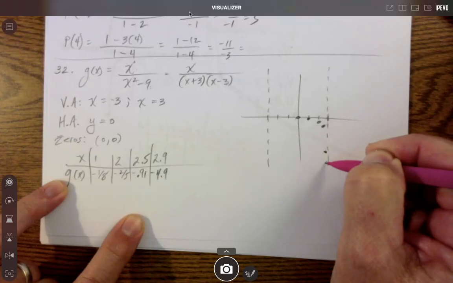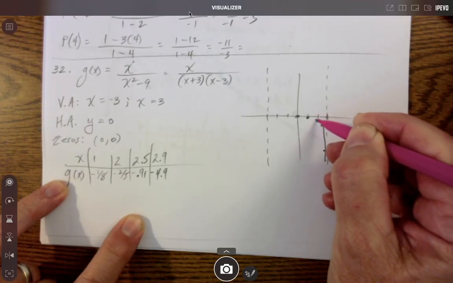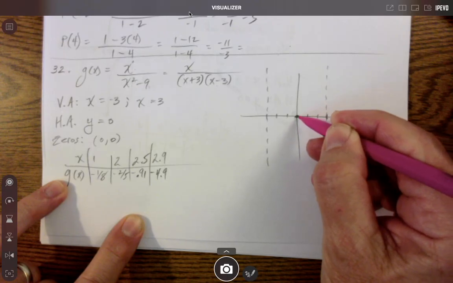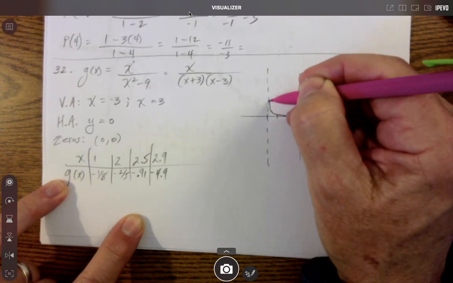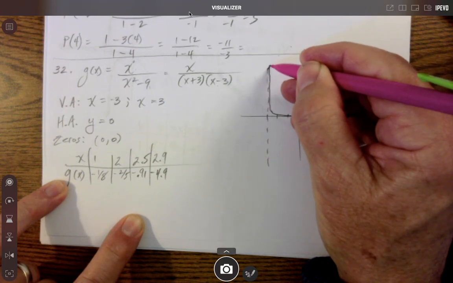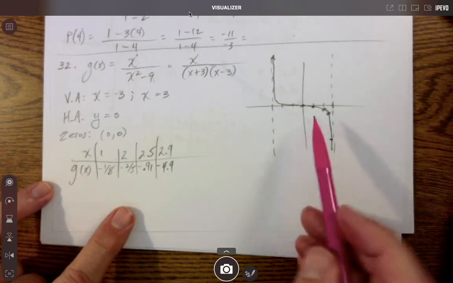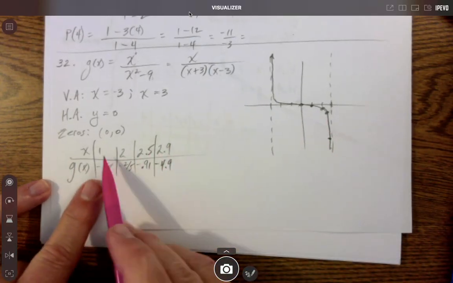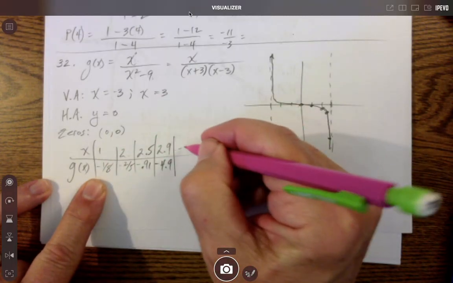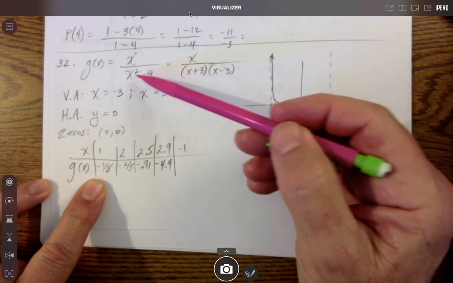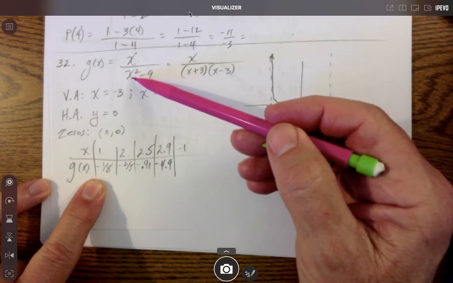So we can see it's doing this. And my guess is it's going to do something like this on the other side, just from experience. I hope I'm right. Because when I make all these negative, so for instance, if instead of 1, I make this negative 1, well, that negative 1 on the bottom is just going to stay.